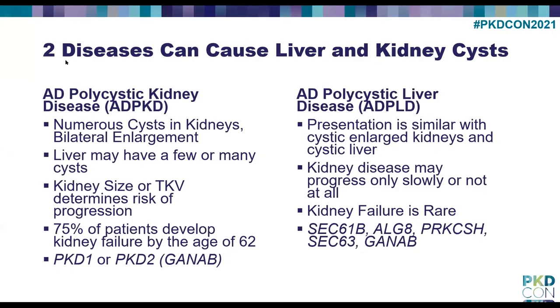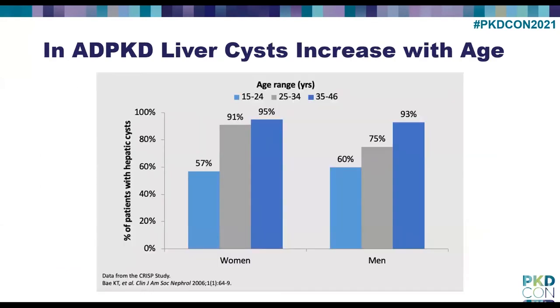And for most people, it will be this side, the autosomal dominant polycystic kidney disease. And for the rest of the talk, what I will talk about is what ADPKD looks like in terms of liver issues. So here, what you see is as folks get older, this is age 15 to 24, this is age 25 to 34, and then 35 to 46.